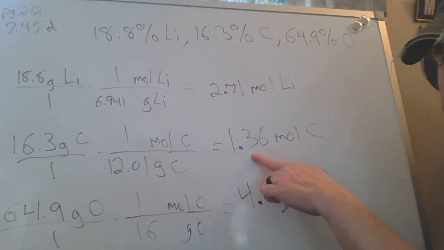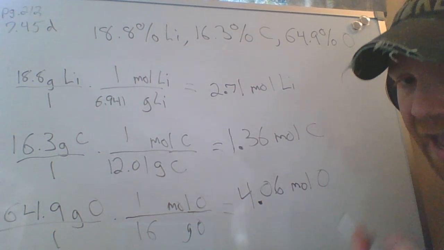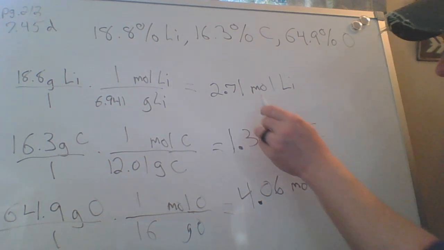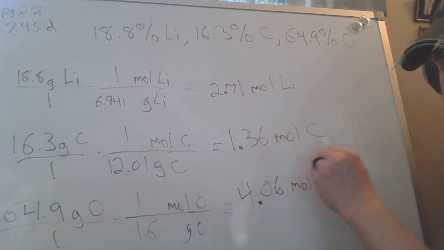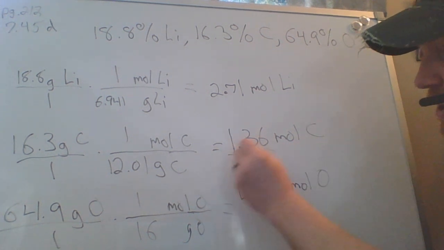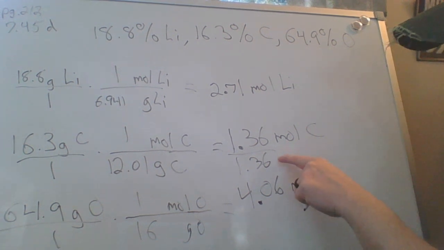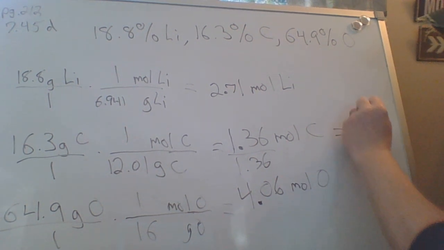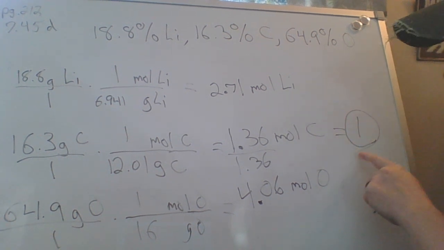The smallest of the 3 numbers is right here, 1.36. I'm going to divide everything by 1.36. When I say everything, each of these 3. Let's do this one first because it's carbon, and we know it's going to come out to 1. So if I divide this by 1.36, I'm going to say that we're going to set that whole number to 1. Carbon for right now is 1.